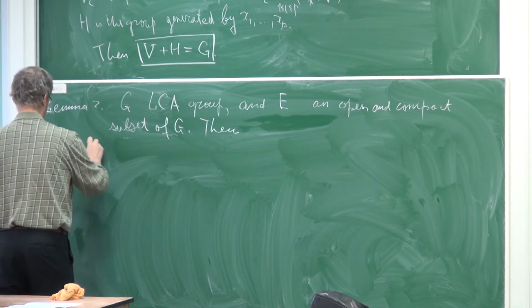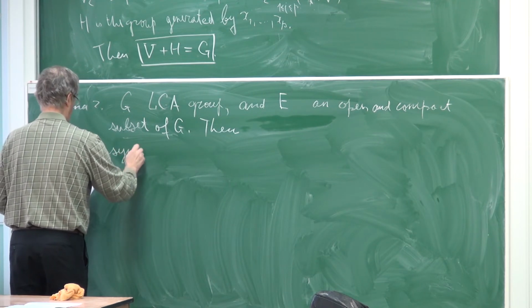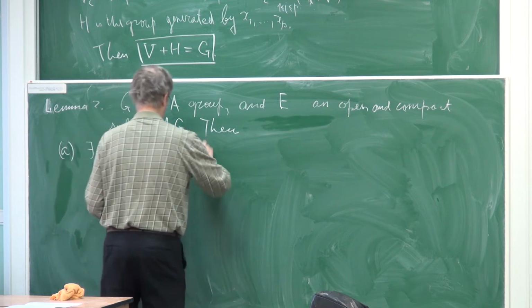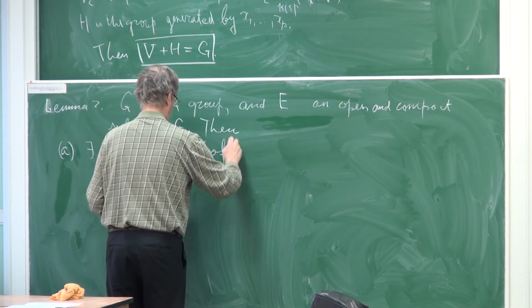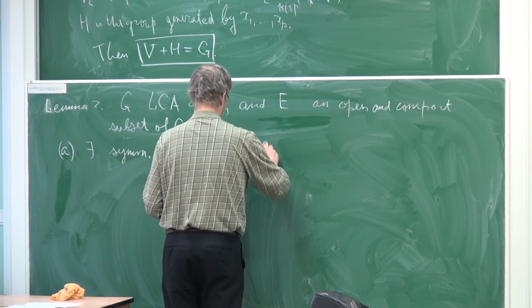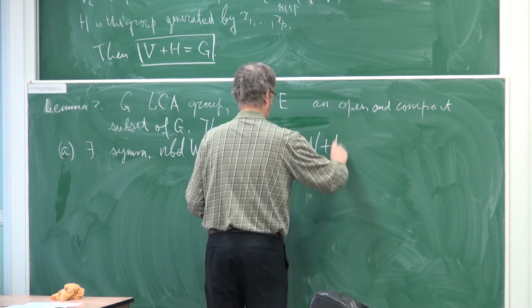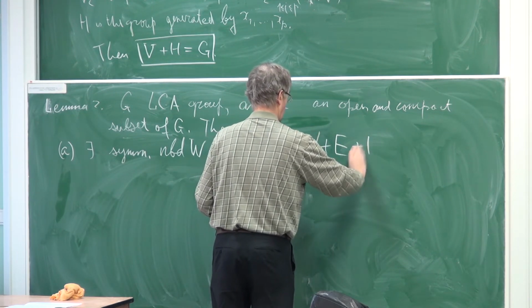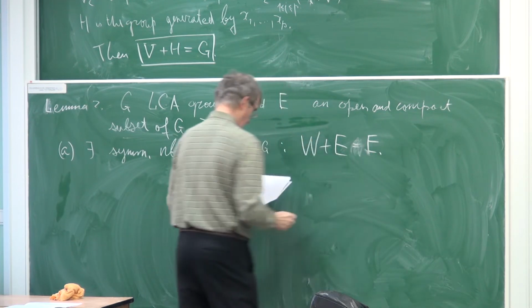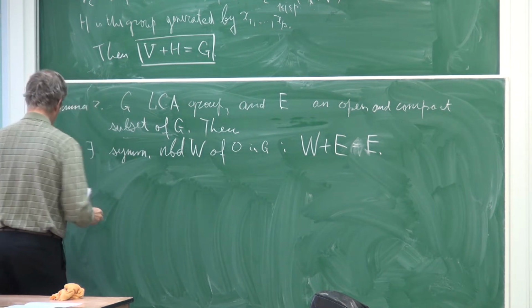A: there exists a symmetric neighborhood W of 0 in G such that we have this relation, W plus E is equal to E.